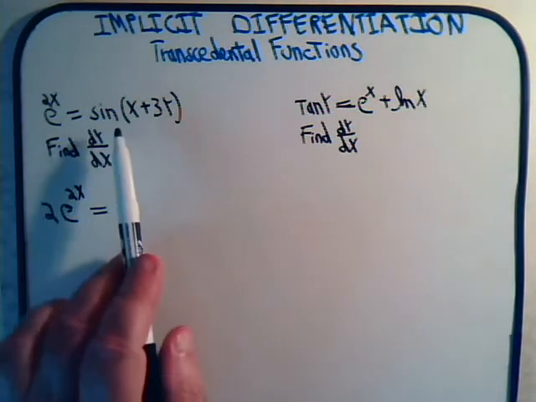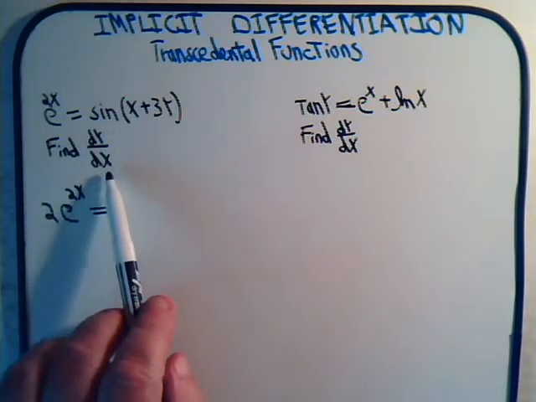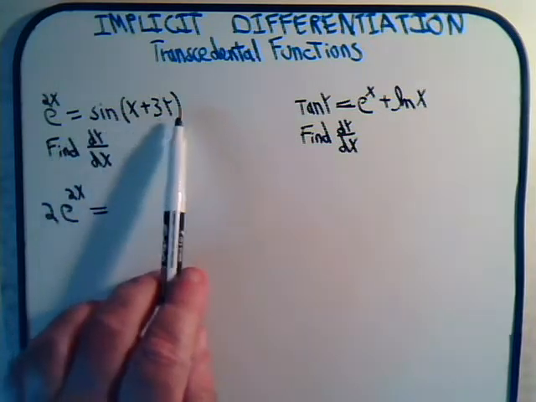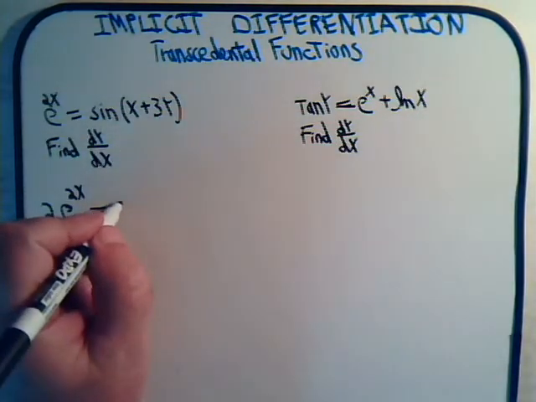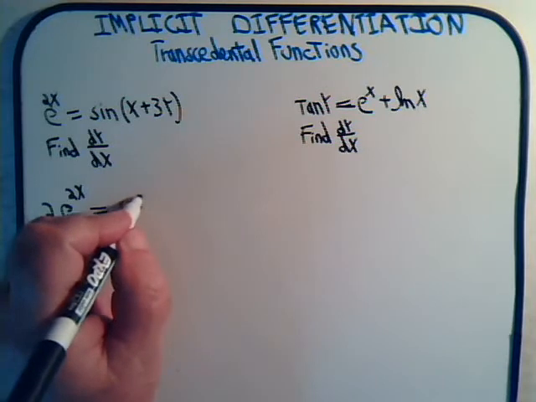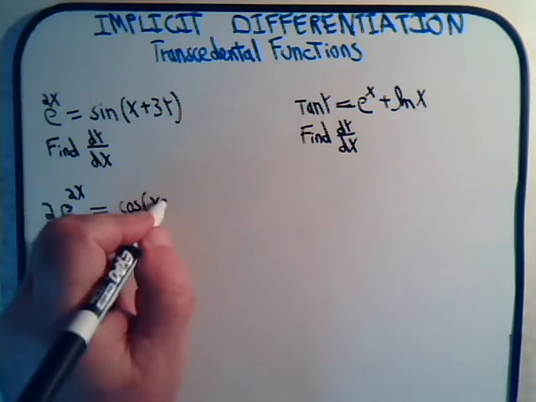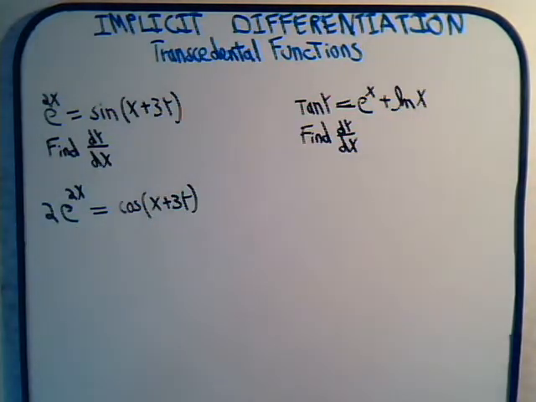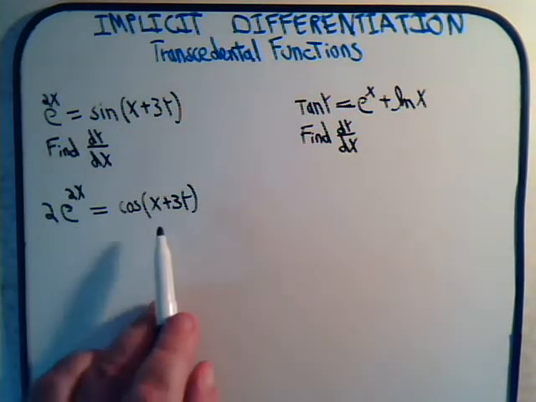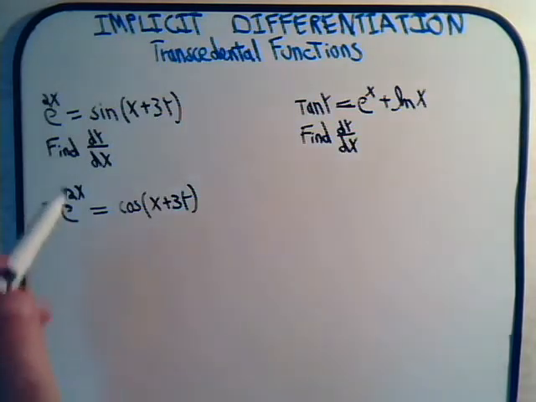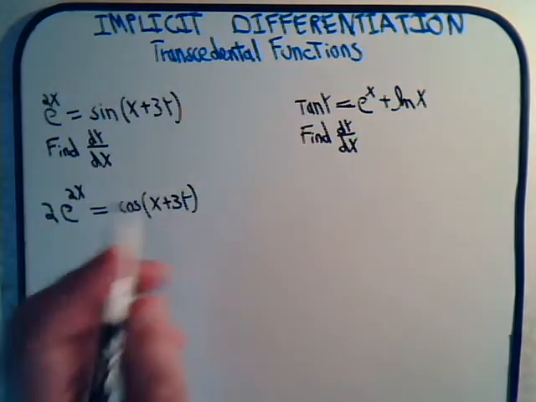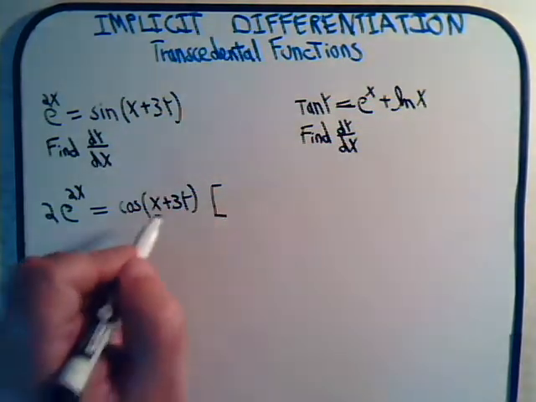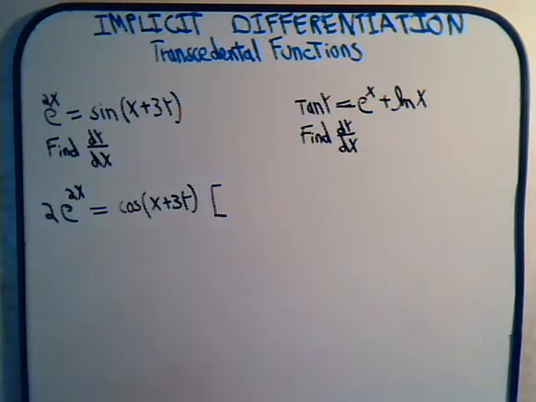the derivative of this side of the equation. We're taking the derivatives now with respect to x. Okay, the derivative of the sine, of course, is plus the cosine of x plus 3y. And then we have to take the derivative of what is inside of here with respect to x. So this will be times, and I'm going to write it like this so we don't confuse this expression with what we're taking the cosine of.